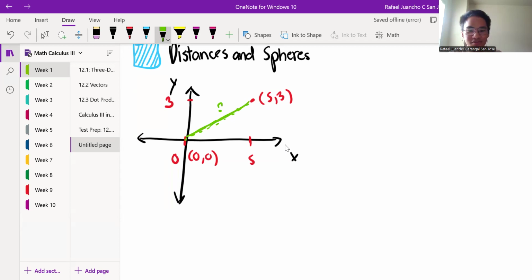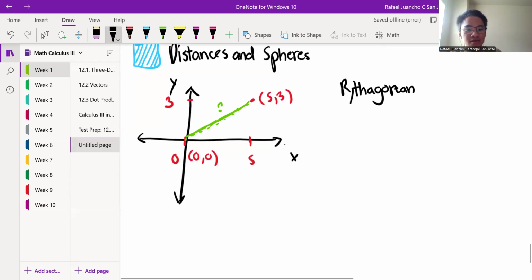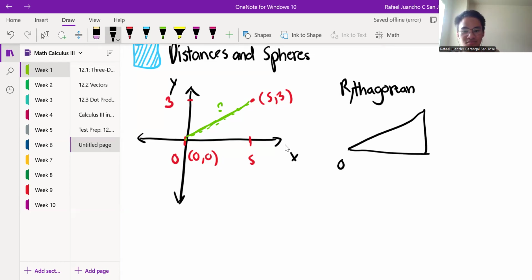Well, we could do something like we did in algebra. We call that the Pythagorean theorem. And we can make this kind of like a shape. This is 0. This is 5. This is 3. Right?